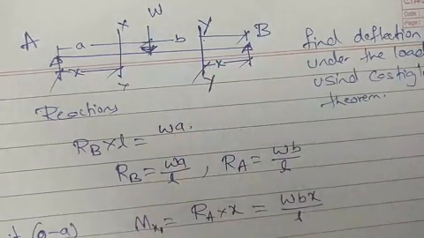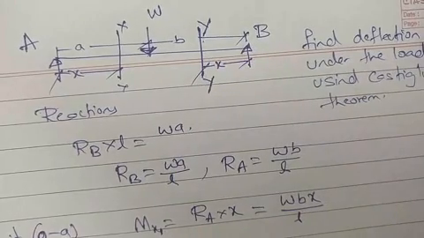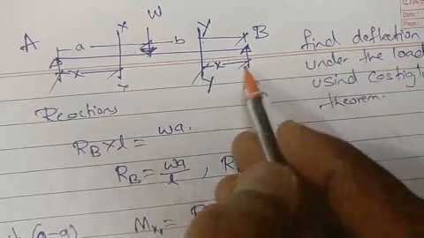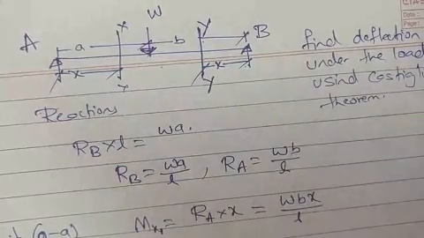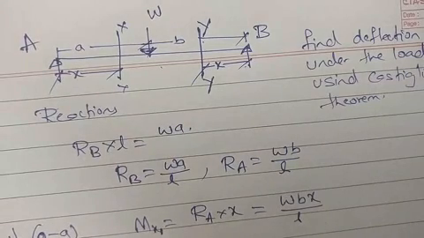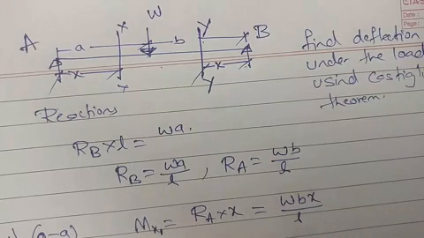So here limit is 0 to B, from here to this one. M x2 is equal to RB into x. What is RB? W A x by L.